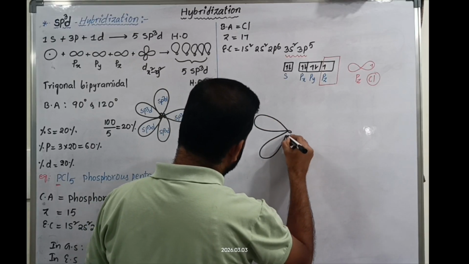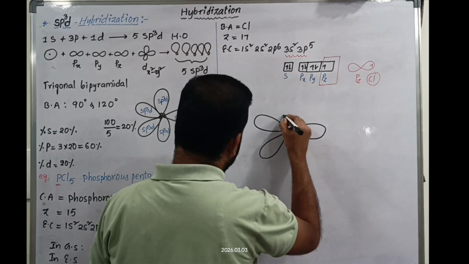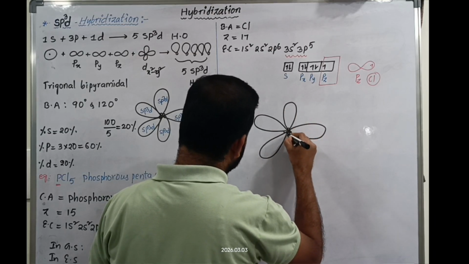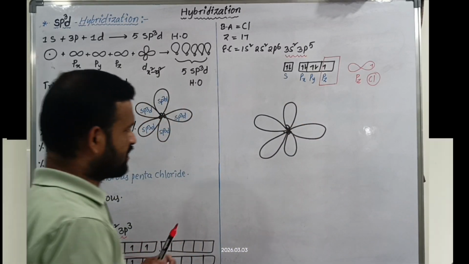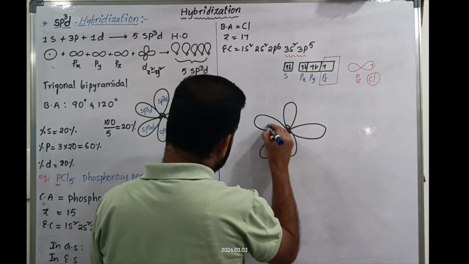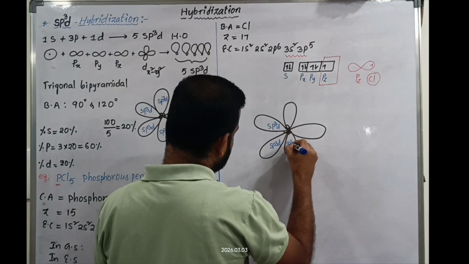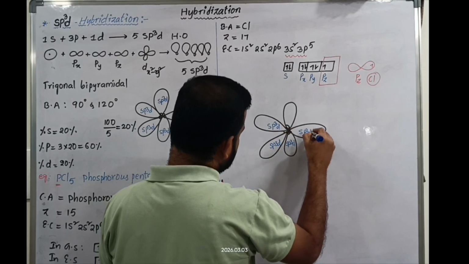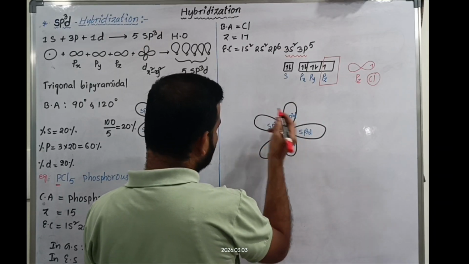We know that sp3d hybridization has a trigonal bipyramidal shape with all bond pairs. Here sp3d, sp3d, sp3d, sp3d, sp3d. Each sp3d contains one unpaired electron.